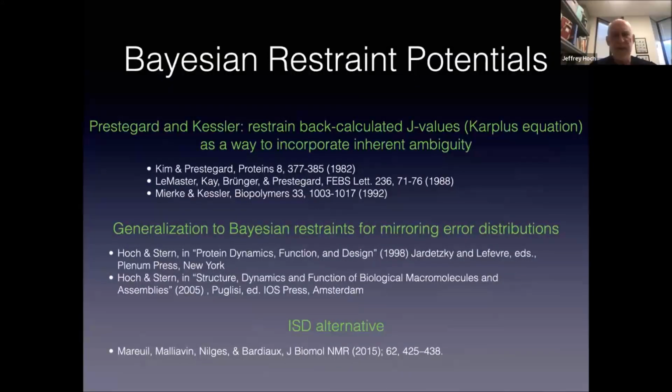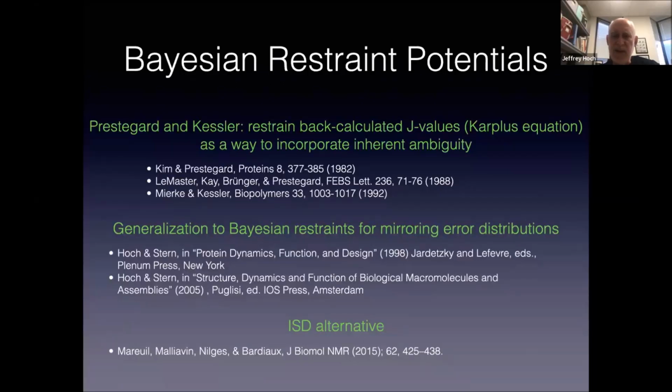It's been around since the early 1980s, and it was something that Jim Prestegard and Horst Kessler proposed in using scalar couplings to restrain protein structures. Their motivation was largely to, instead of restraining dihedral angles, restrain calculated J values, to incorporate the inherent ambiguity in the Karplus equation. But it turns out that it also is a way of ensuring that the distribution of structures mirrors the experimental uncertainty.